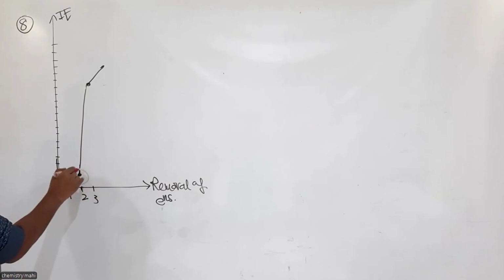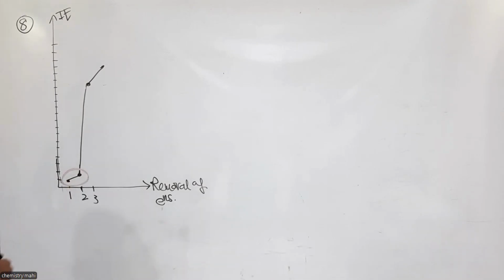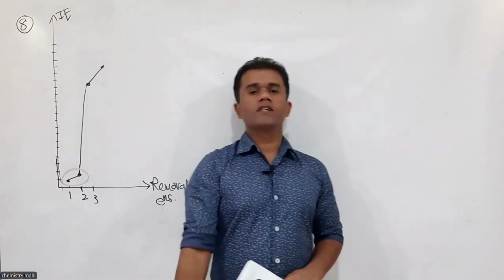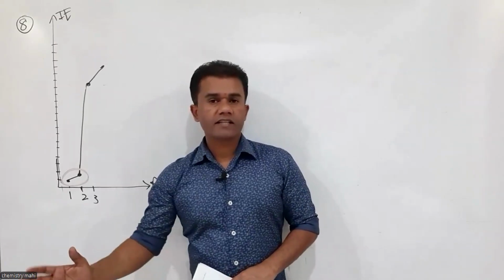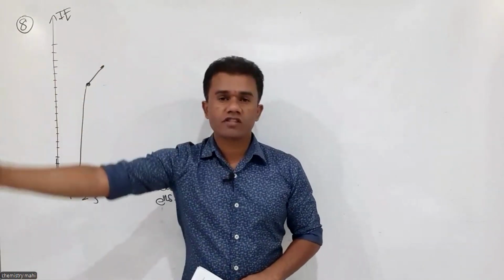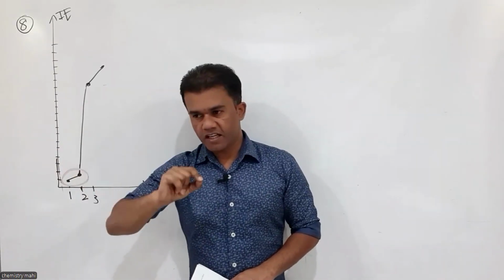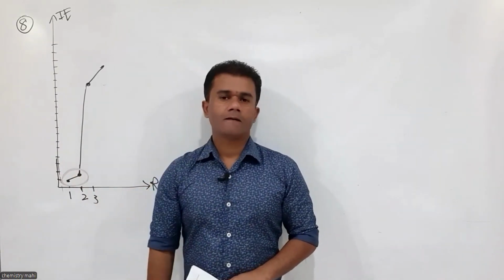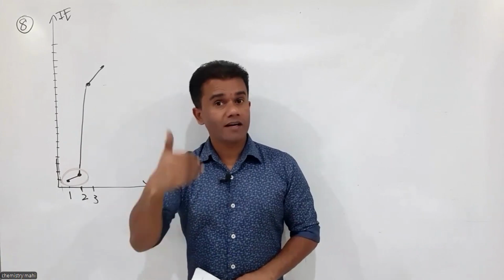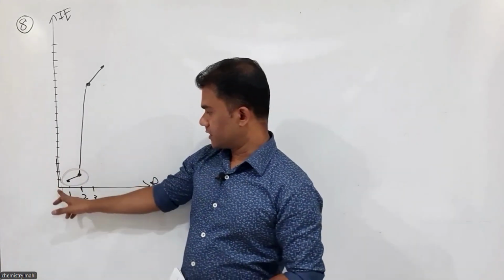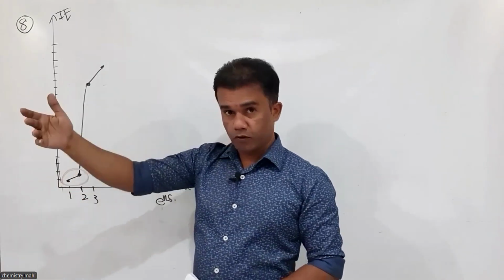In that case, it's clear these electrons require lowest energy. That's because those electrons are in the outermost energy level. If electrons are in the outermost energy level, the attraction between the electron and nucleus is weakest. The weakest attraction requires the lowest energy. Therefore, these are the electrons available in the outermost energy level.